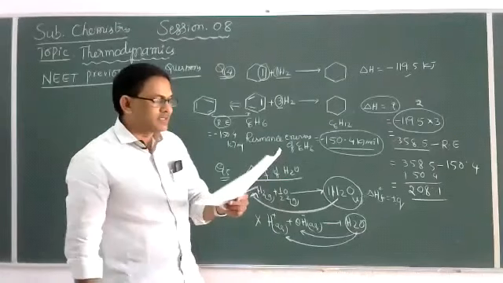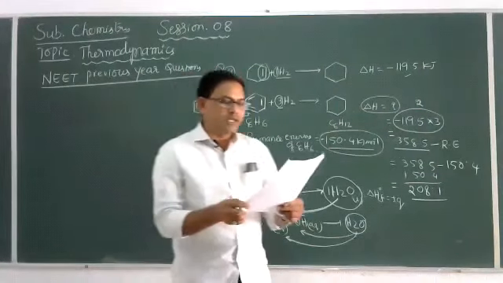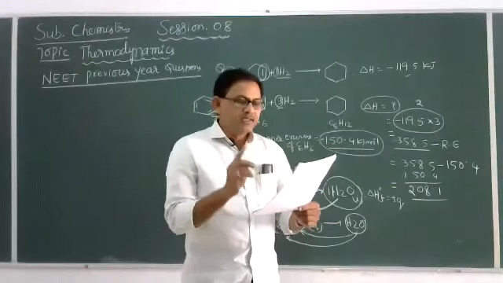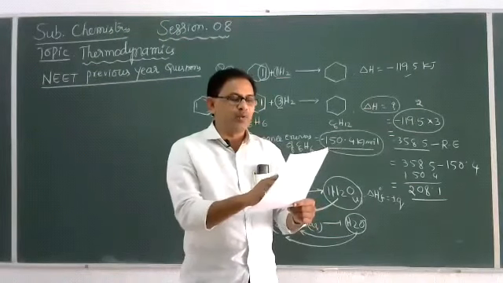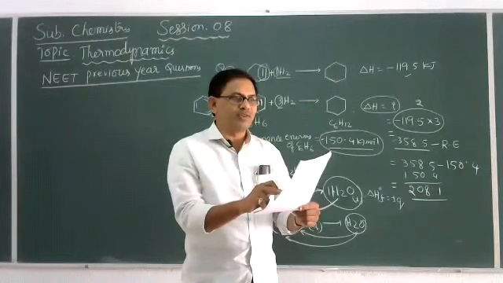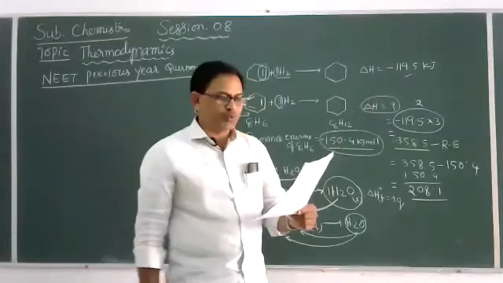That's why the given answer is D. D means in enthalpy of formation of water, in the second one, the delta H value is minus x2 kilojoules per mole, given. That's why the answer is present in D. That's why minus x2 is the correct one.